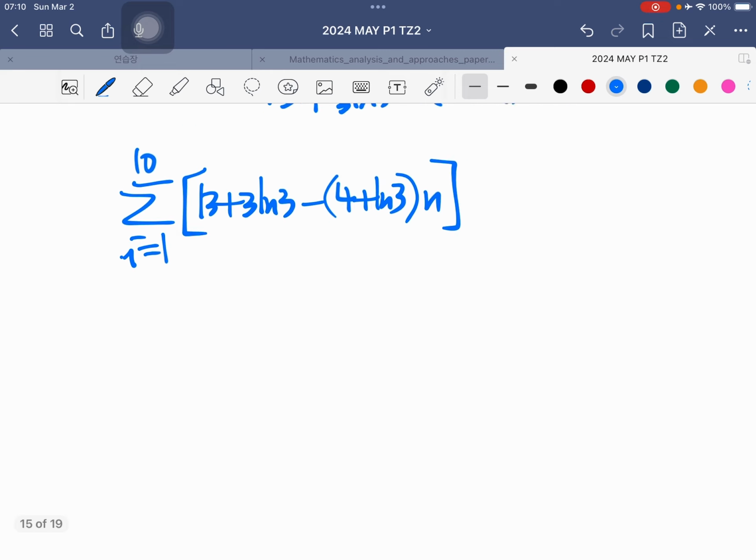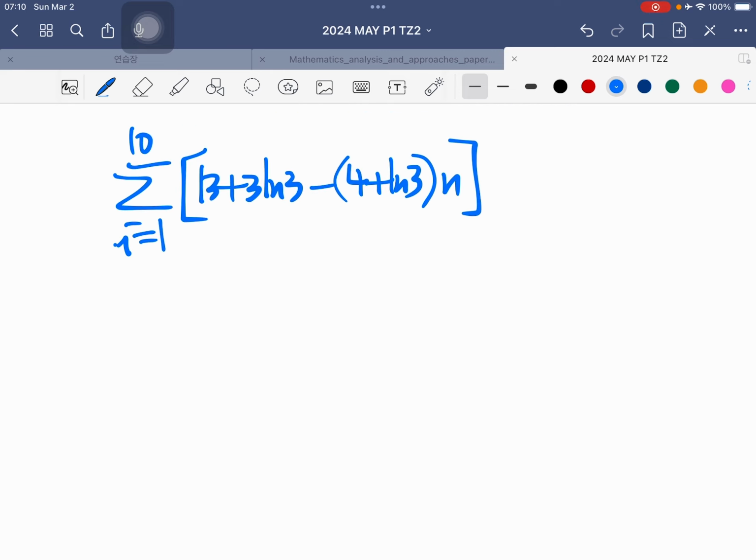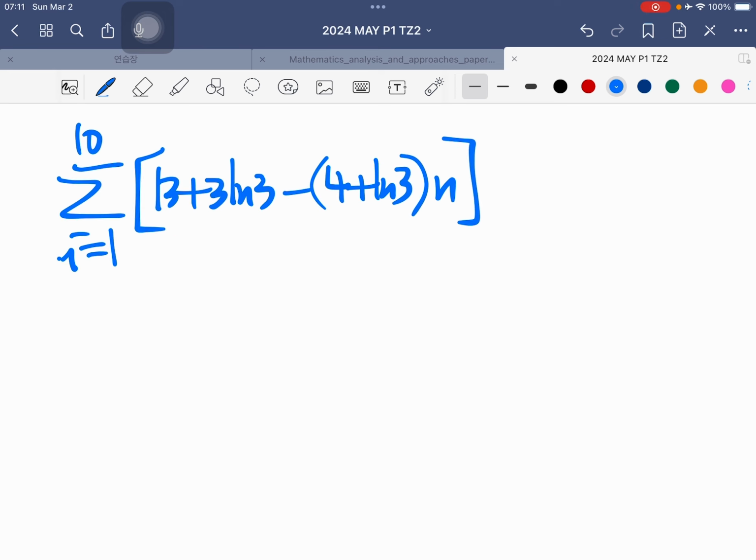We have to calculate this. This sigma notation is about I, so this should be written as I here, not n, right? So this must be I. This sigma notation is about I changing from 1 to 10.